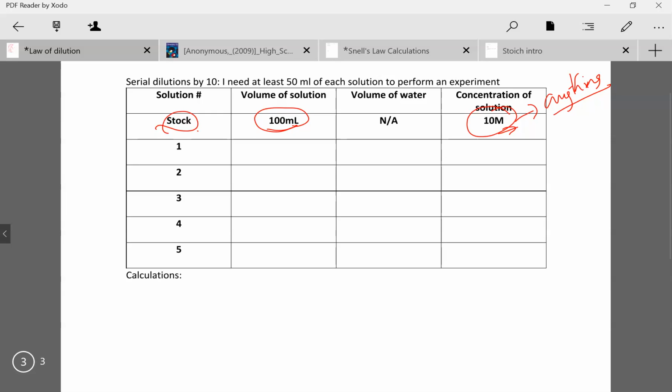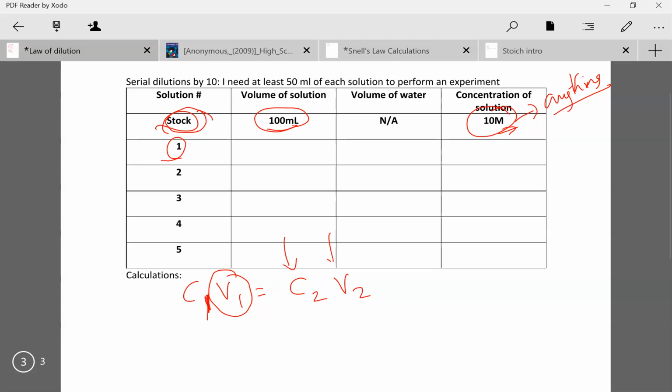So what you always have to calculate is the V1. So how much volume of the previous solution you need to make the new solution. If I'm making solution 1, I have to decide how much volume of stock I need to make my new solution. And this can be fairly intuitive, but we'll go over the calculations once just in case.